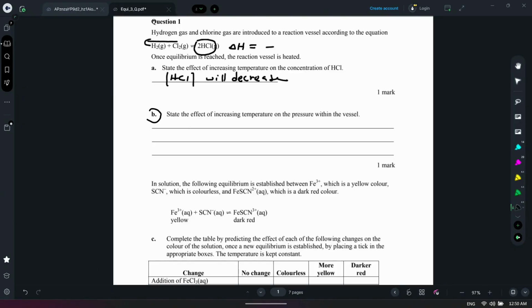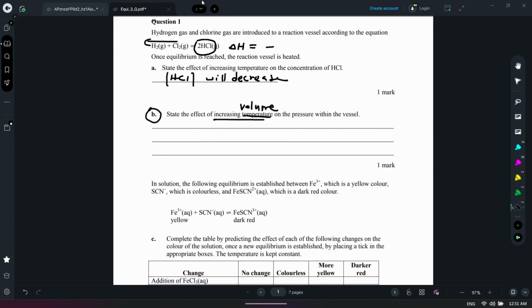Now, if you look at part B of this question, I'm so sorry, I think this question should have been changed. It says state the effect of increase in temperature, but I think it should not be temperature.